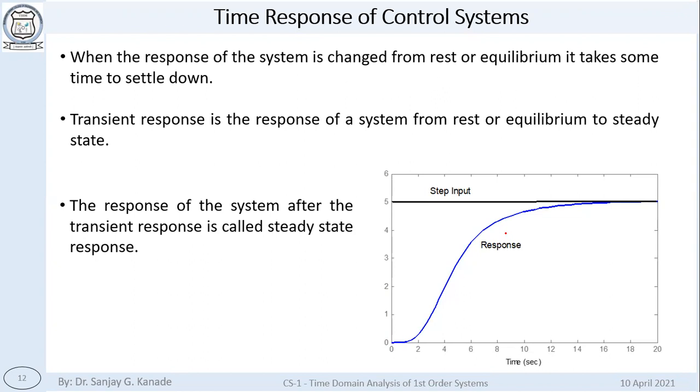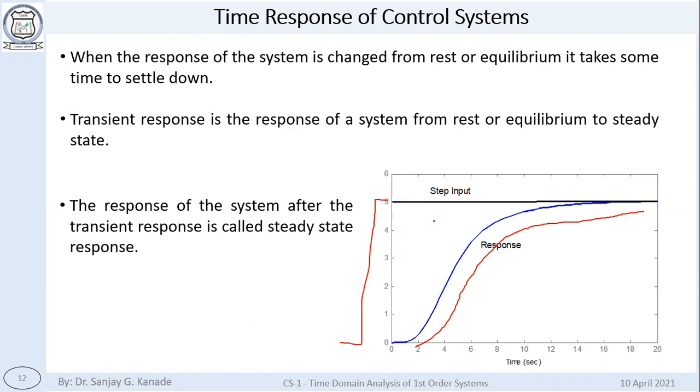For example, when there was a step input, when the window is suddenly opened like this, the temperature was something here, and the temperature will start to increase, let's say from 24 to 25 or 26 or something like that. But of course it is not going to go directly to the value.